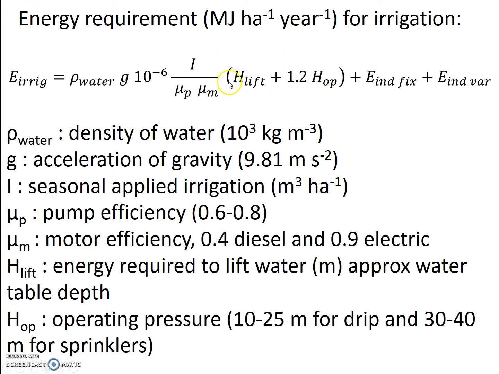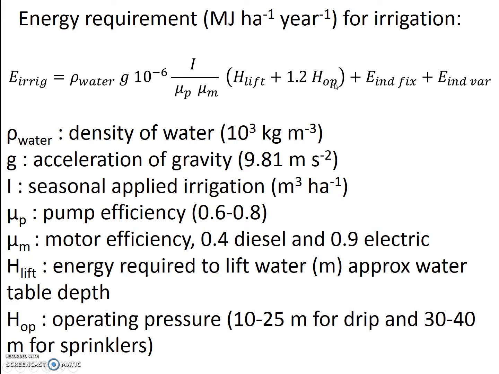Then we have here capital H, lift, which is the energy required to lift water, and this is approximately equal to the water table depth. It should be almost zero for surface water. And then here we have H sub O, which means the operating pressure of the system.